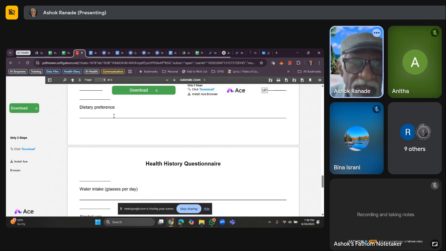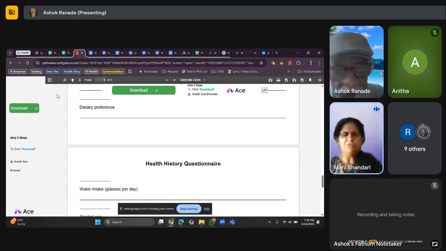Actually, this is an automatically fillable form. So you can just open it in Adobe Acrobat, and then you will be able to type your answers, and this becomes an input form for your health.